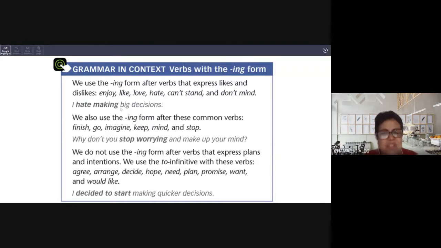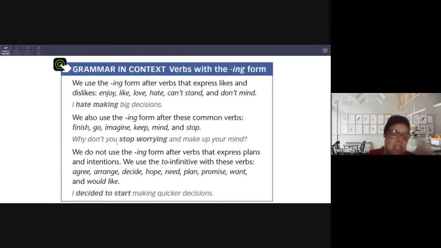So we also use the ing suffix after these common verbs. When I use verbs after these common verbs, finish, go, imagine, keep, mind, and stop, then I should use the suffix ing.